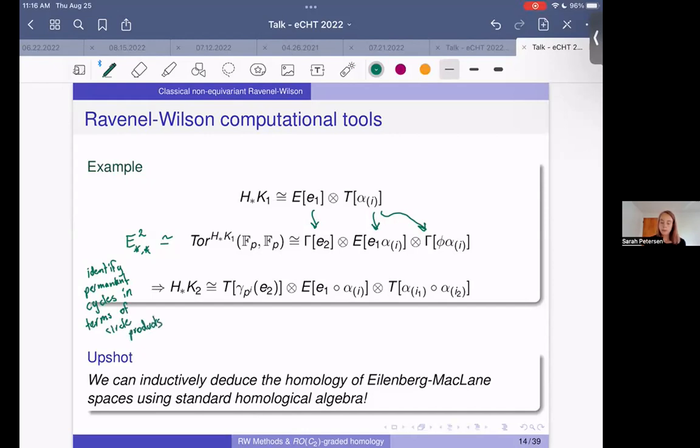So one uses the bar spectral sequence pairing to show that this divided power algebra is in fact truncated polynomial on the circle product of alpha i's. Circling with E1 is the same thing as the suspension of an element. And then these generators have some new names.